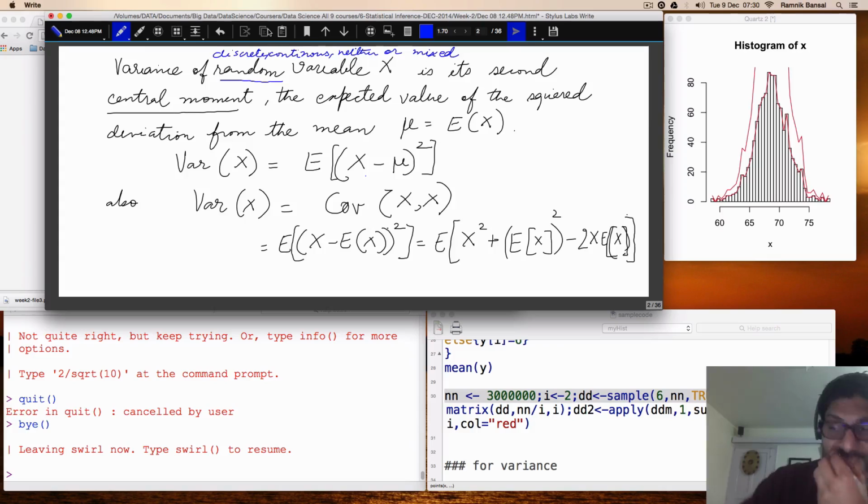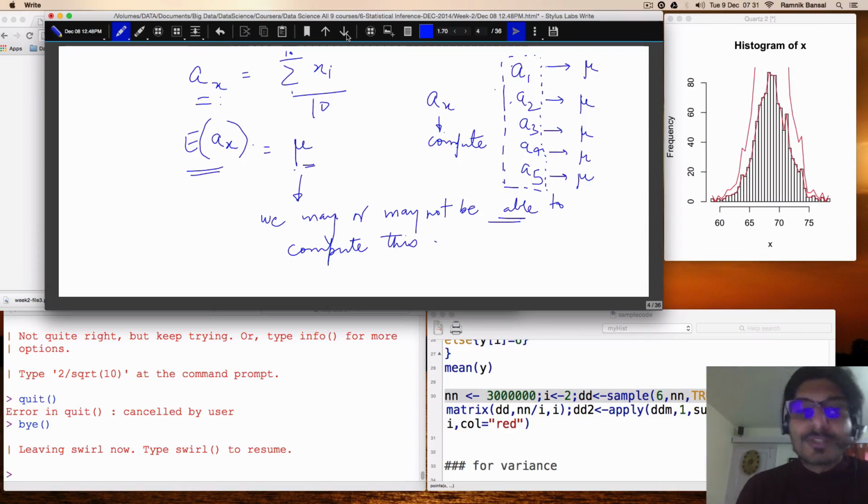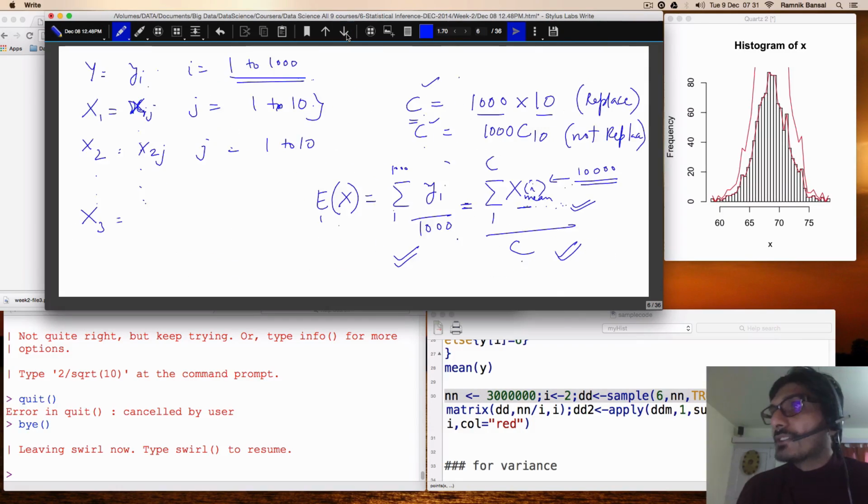That is the reason why I have taken square. All right. So basically, it gives me an idea about how variable, how spread out the distribution is. Okay. So is the data more homogeneous or heterogeneous, right?